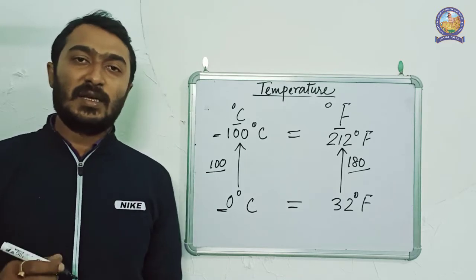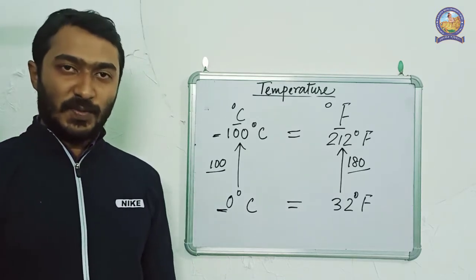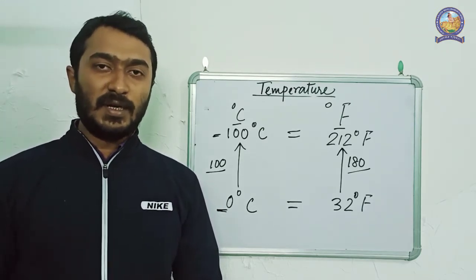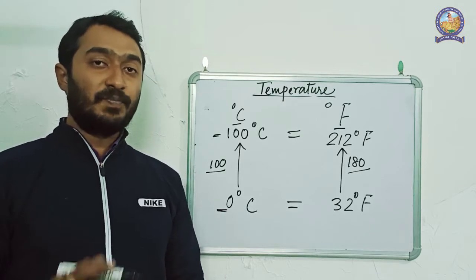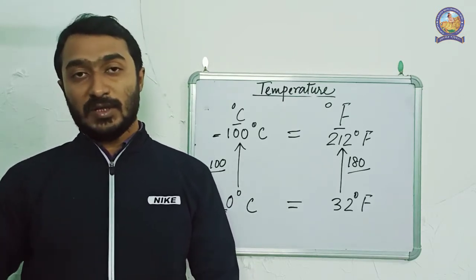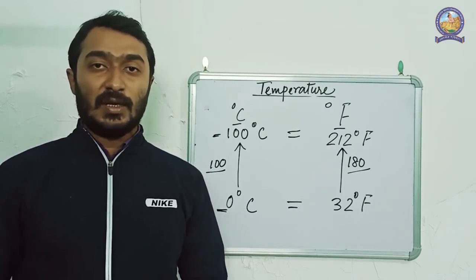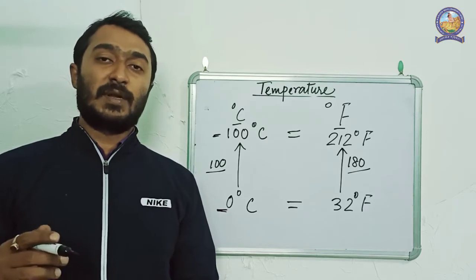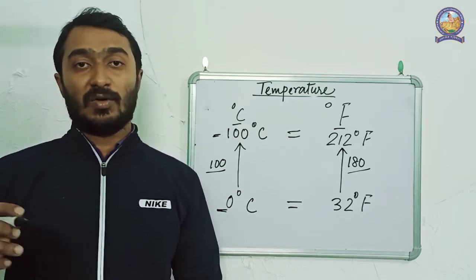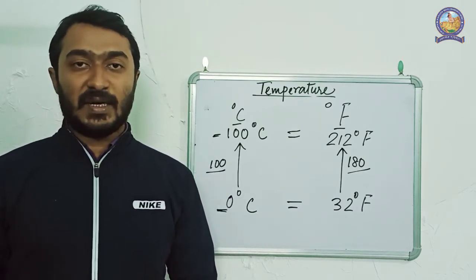In our daily life, the thermometer we use at home or the doctors use for measuring human body temperature is the clinical thermometer. In a clinical thermometer the values are written generally from 35 to 45 degrees Celsius. Why? Because below 35 degrees Celsius and beyond 42 degrees Celsius the human body temperature cannot go, because if the temperature falls to 35 or rises above 42 degrees Celsius, the person may die.